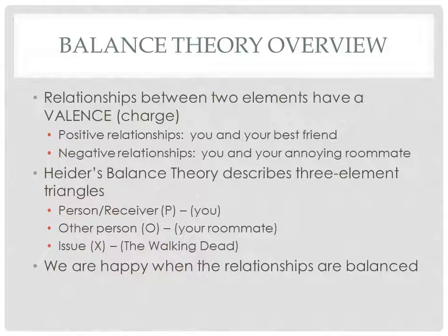Now, we're happy when all of the relationships are balanced, and balanced means that when you multiply out the signs of each of the relationships, it's going to come out to be positive, and that's something we're going to look at in the examples in a minute. But essentially the idea is that if I'm the person or receiver and my annoying roommate is the other person, that's a negative relationship, right?